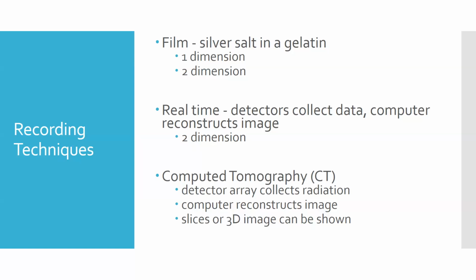If you've ever had a CT scan, that's the medical application of this technology. But we can take that same type of imaging and apply it to objects in aviation or other industrial processes. That allows us to reconstruct an image, and then we can have slices or a full 3D image. We can actually fly through a part, so to speak, and be able to see how something is.